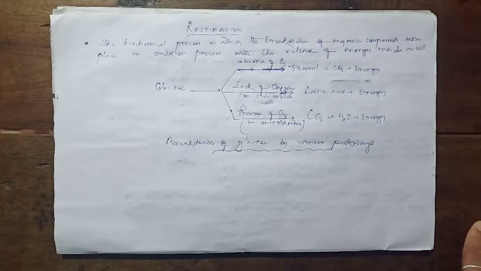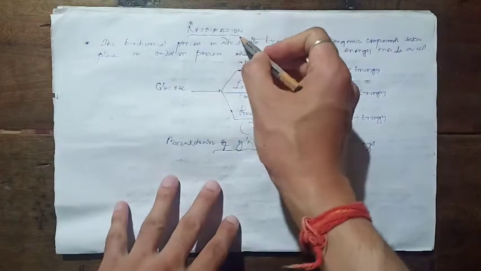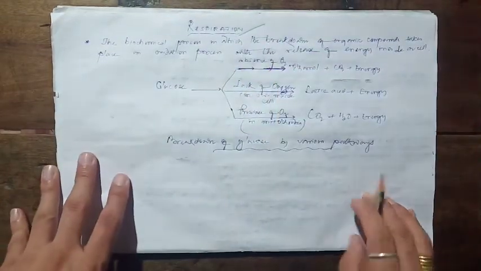The food was made suitable for energy production. Now respiration is the process where the food made suitable in digestion is broken down and energy is produced. So respiration, in short, is a process where energy is produced from the digested food.